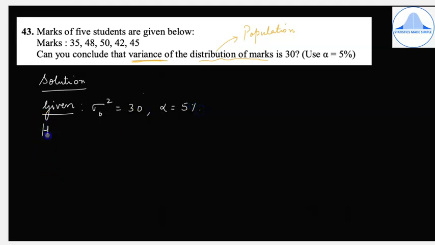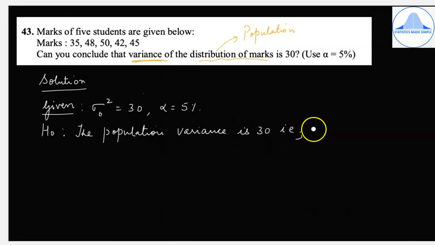The next important step is to write H naught. Because the question is given in terms of variance, you should write H naught as the population variance is, write the value which is given, that is 30.